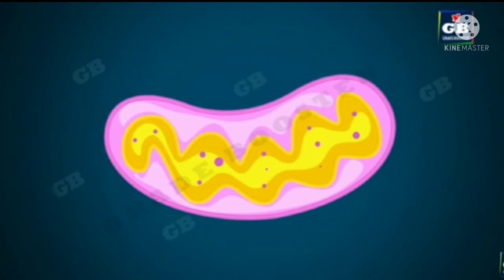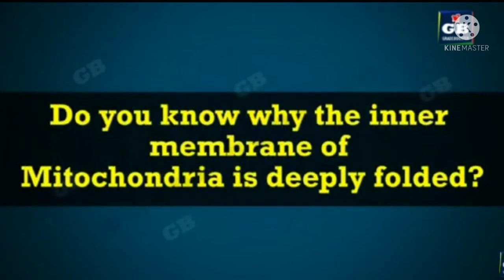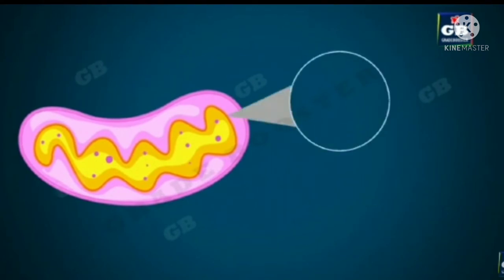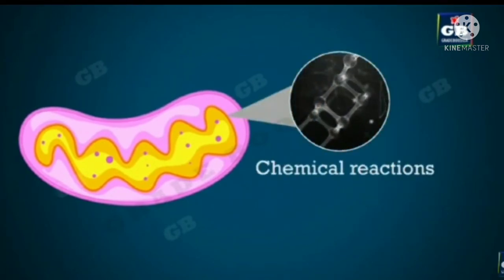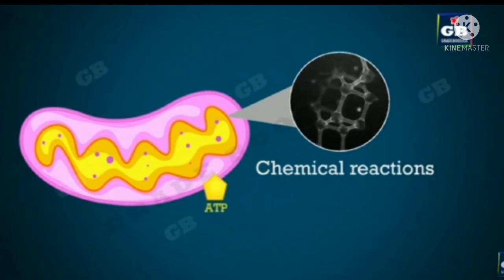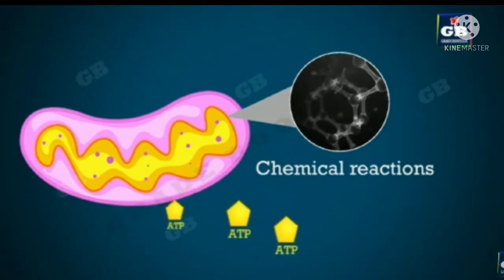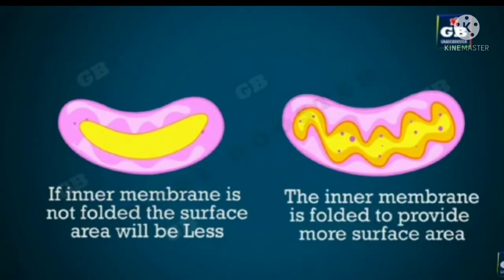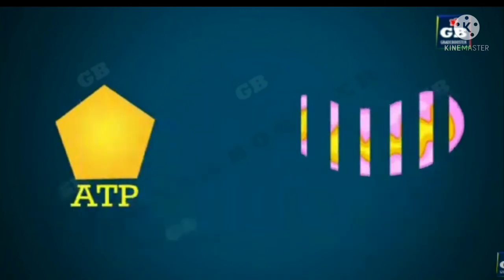The inner membrane is deeply folded. Students, do you know why the inner membrane is deeply folded? Mitochondria need more surface area to carry out special reactions in which a special energy molecule called ATP is produced. So, to provide more surface area, the inner membrane is deeply folded.